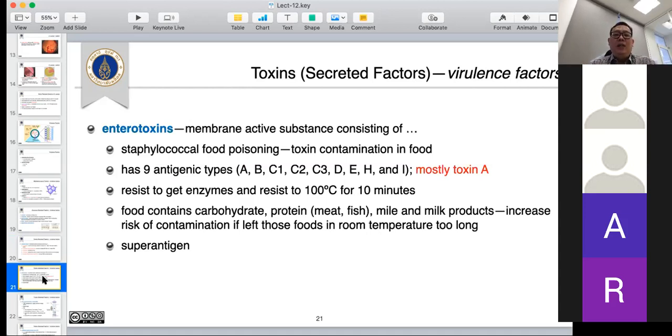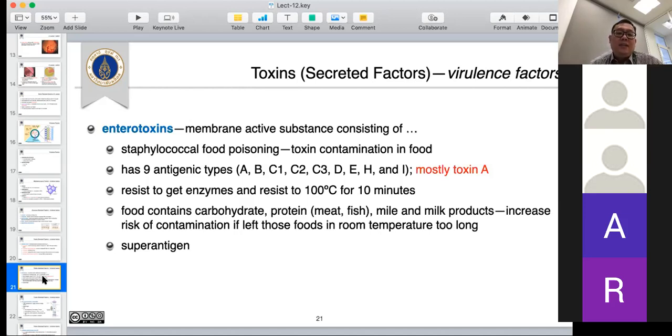Particularly in Thailand, you need to eat food that is properly cooked, not cooked a long time ago and left out. Staph aureus can contaminate the food and produce toxin. The toxin can be differentiated by antigen typing into types A, B, C1, C2, C3, D, E, and so on, but the most virulent is toxin type A.